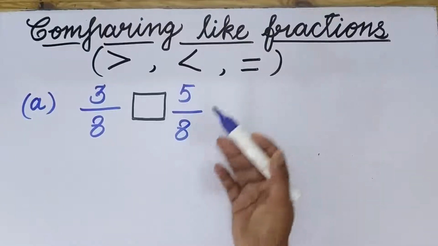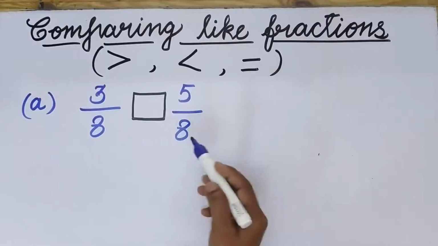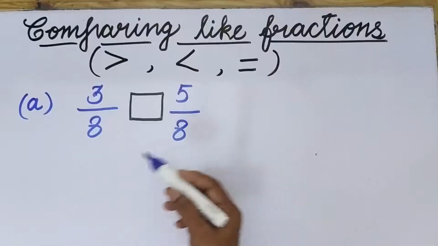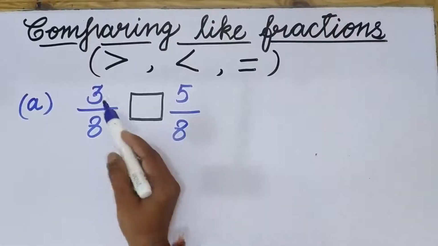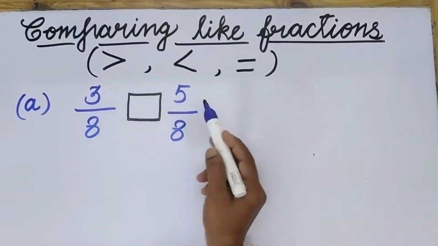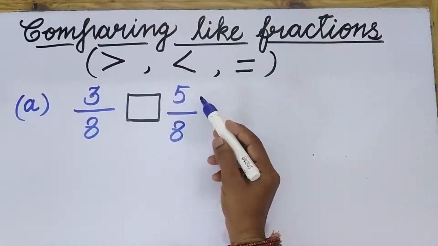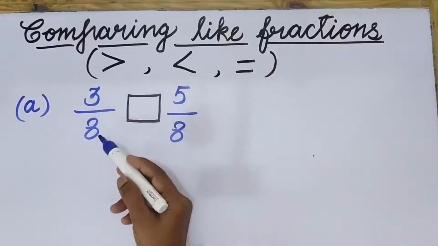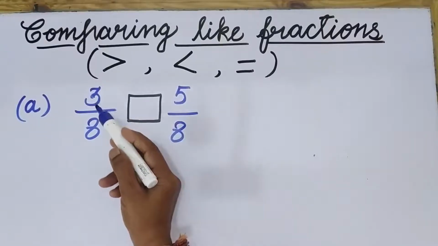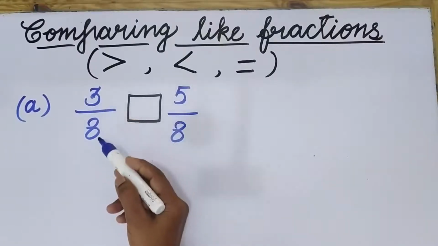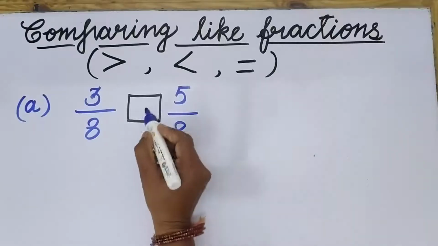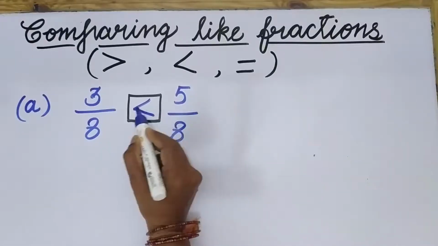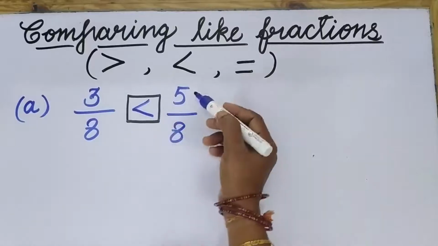These fractions are like fractions as their denominators are the same, 8. Then we check the numerators, 3 and 5. Here 3 is less than 5. So we can say 3/8 is less than 5/8.